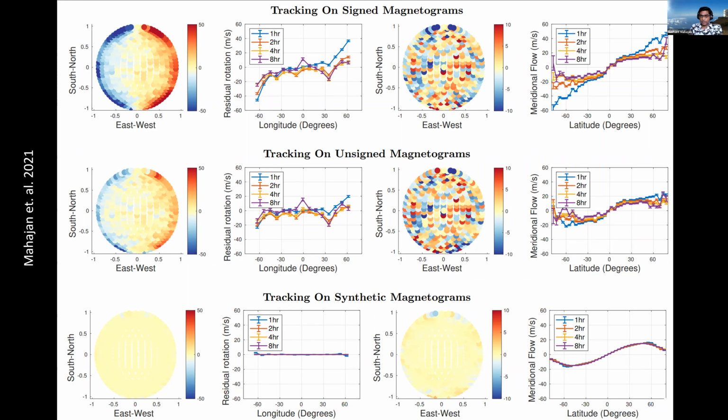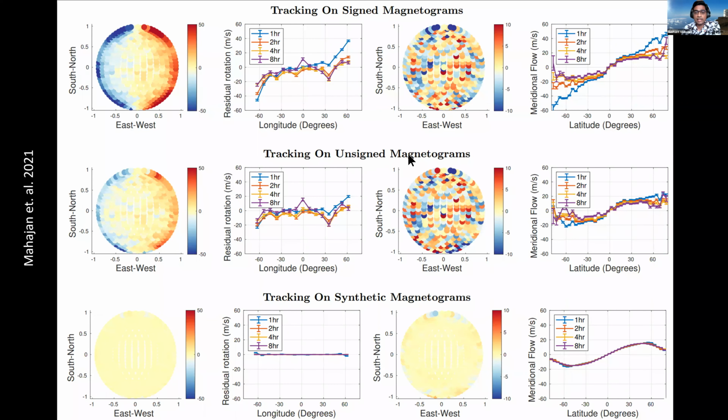Now, this was very weird to us because we expected meridional flow or rotation rate to be nearly the same, no matter what time lag you use between magnetograms. We expected some differences, but not this much. This is like a threefold difference. So there was clearly something going on.